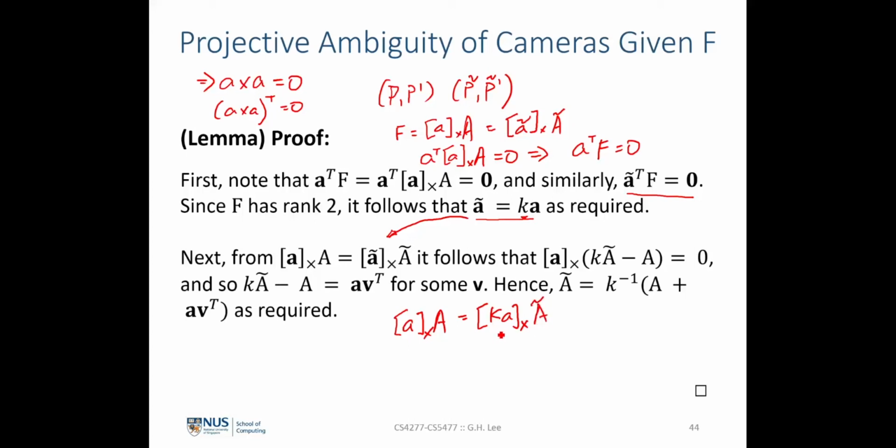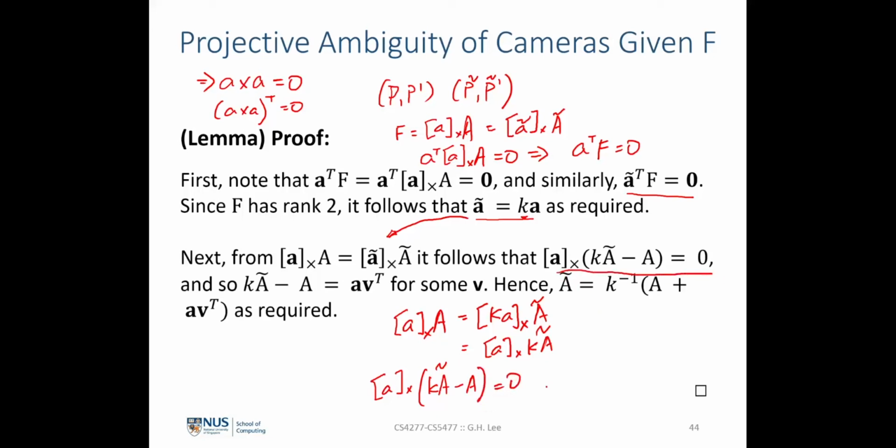And since k here is a scalar value, we can actually factorize it out. By moving the left hand side to the right hand side, we get this particular relation, which is a tilde minus a equals 0, and this is simply this guy over here.